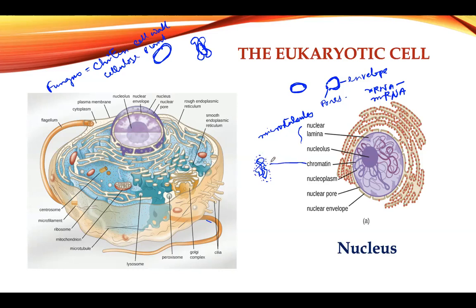Basically, this chromatin material is nothing but the association of DNA and protein. For eukaryotes, the protein that remains associated with the DNA is called histone protein.